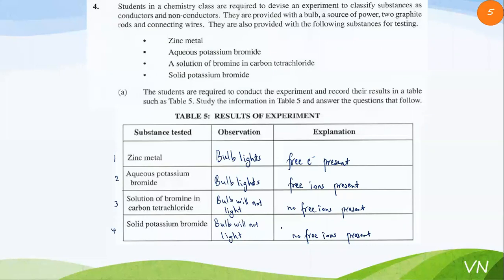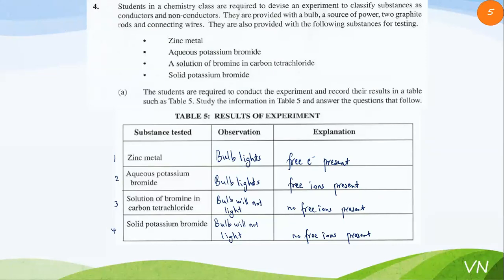So in the case of number 3, which is solution of bromine in carbon tetrachloride, those are covalent compounds. So we do not expect to have ions present. And the last one there, potassium bromide, because it is in its solid state, there are no free ions present.